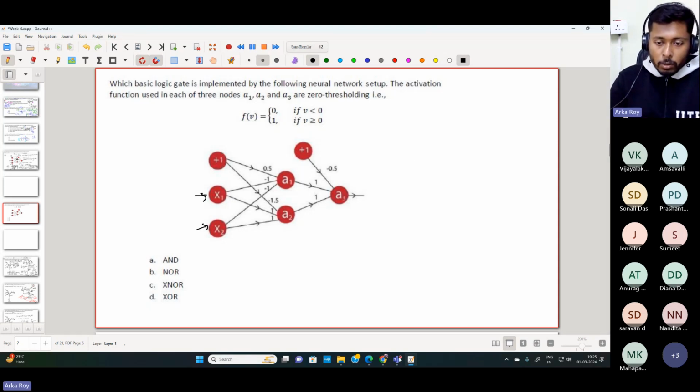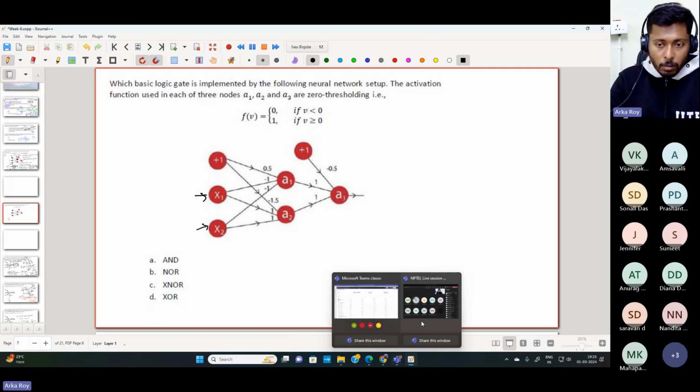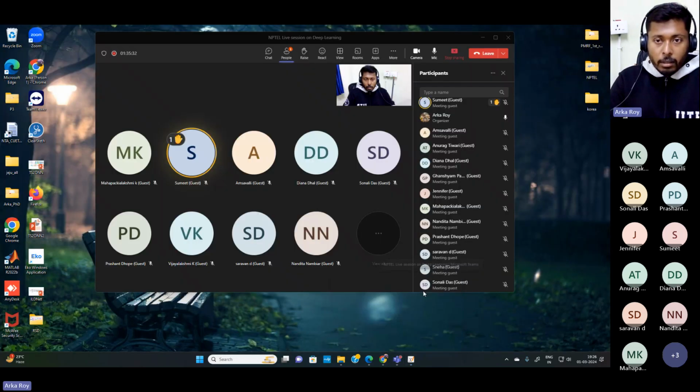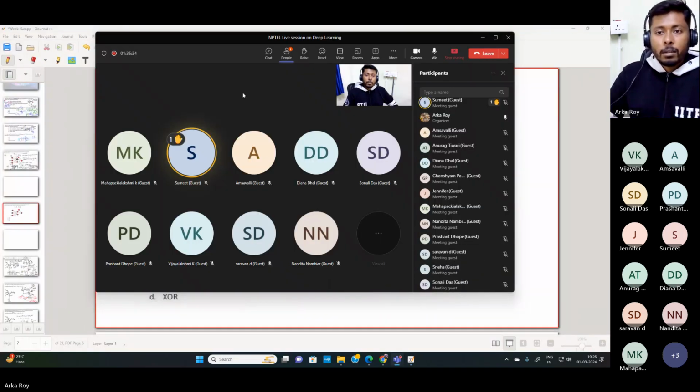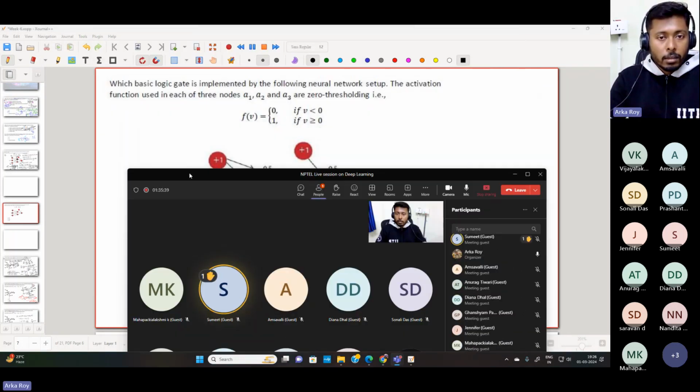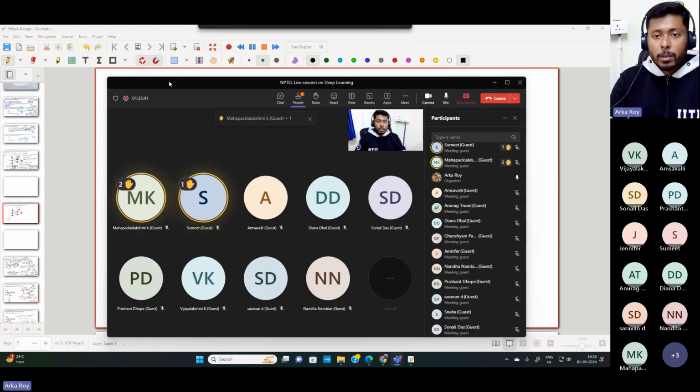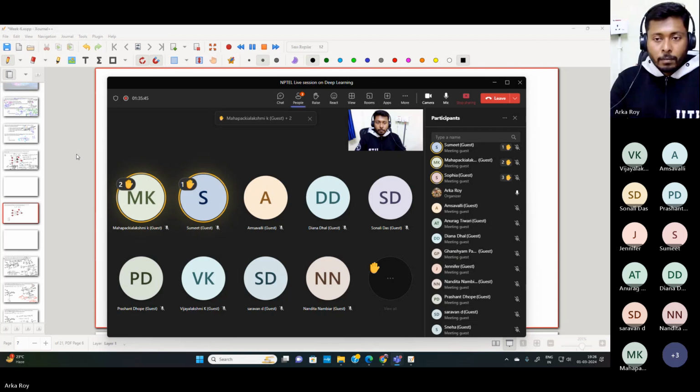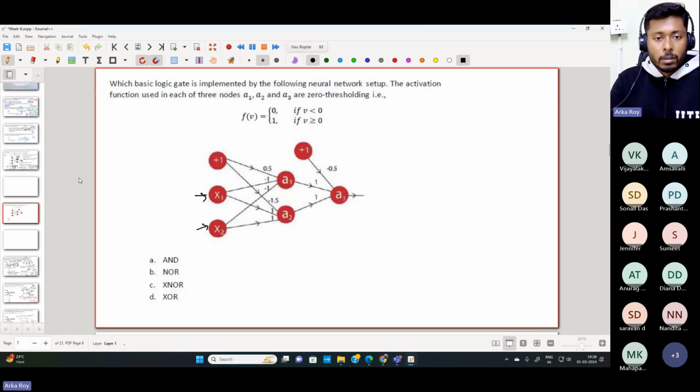How many of you actually got this question correct, this logic gate implementation for this neural network? And how did you do it? Anyone? What was your approach?